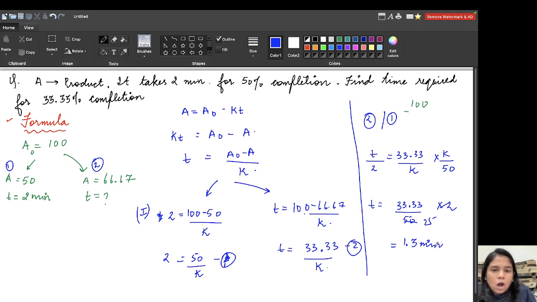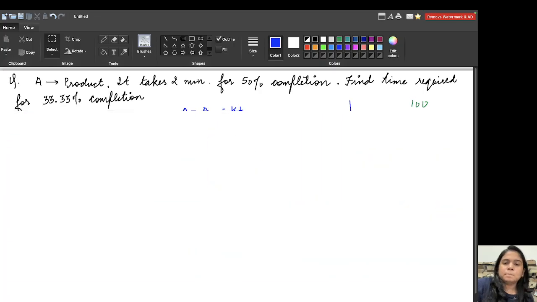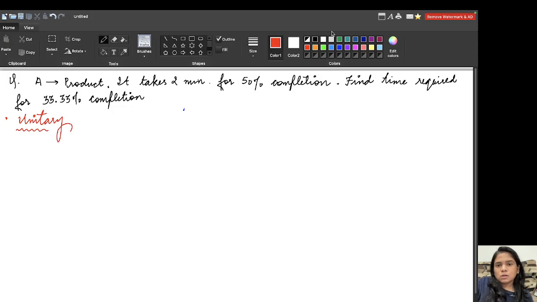Okay. Now how will you do it by the unitary method? This was the direct formula, right? We are assuming 100 goes to 50, 50 goes to 0.